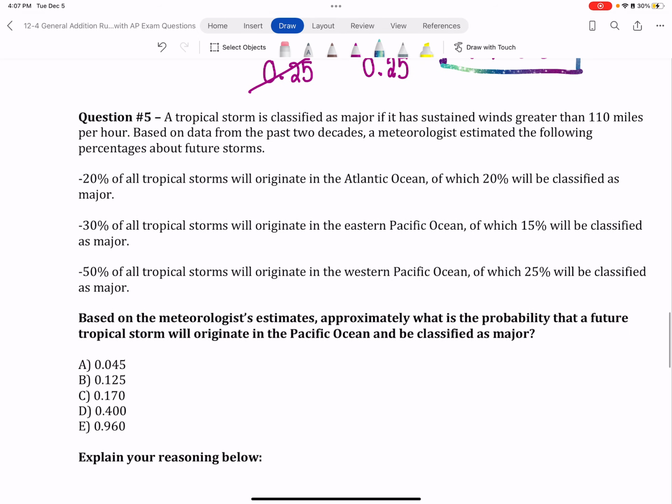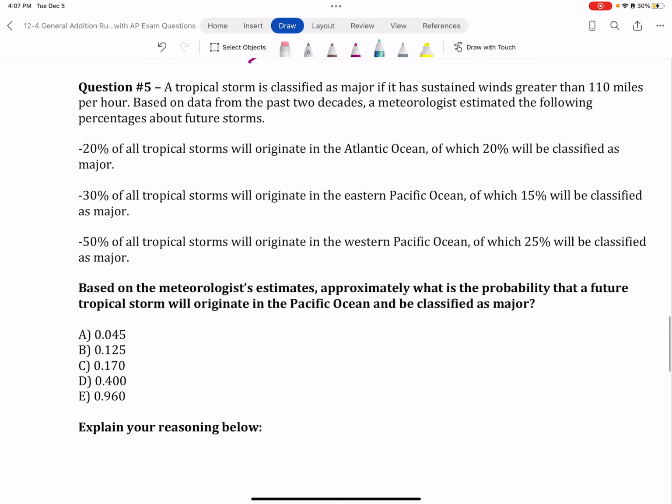Okay, let's move on to question number 5. A tropical storm is classified as major if it has sustained winds greater than 110 miles per hour.